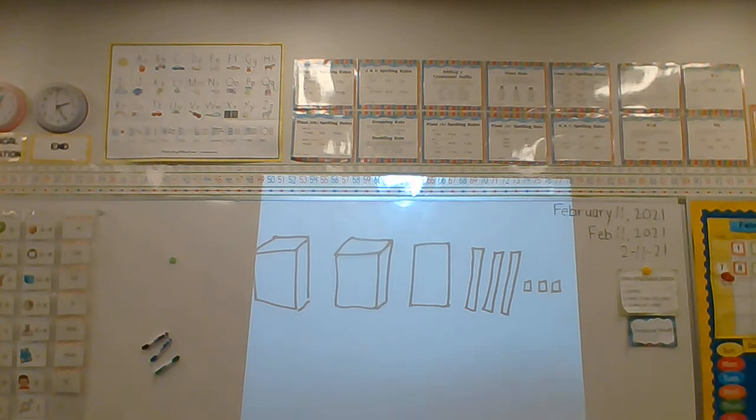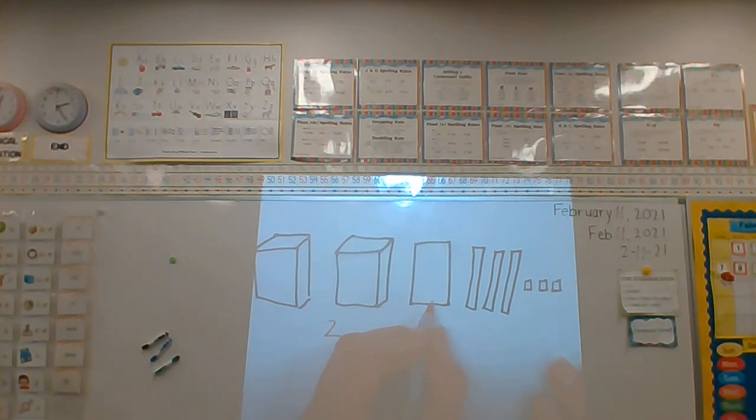What do you think? Well, how many thousands? 2. How many hundreds? 1. Thousands, hundreds, tens, ones. There's a comma here because he's so big you have to rest a little bit.